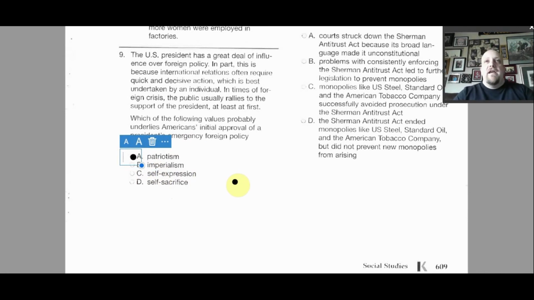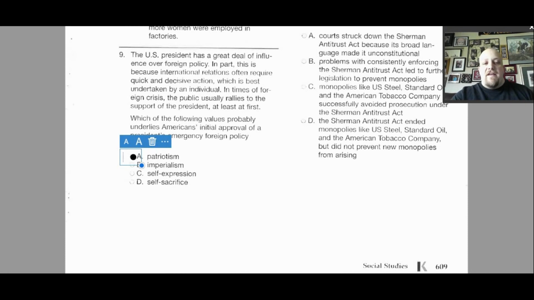Imperialism is usually the idea that a bigger country will try to conquer a smaller country. So that doesn't really fit in here, because we're not trying to necessarily conquer somebody. That would be more like what you would see during early China and some of the early societies where they would just try to conquer each other and claim land.